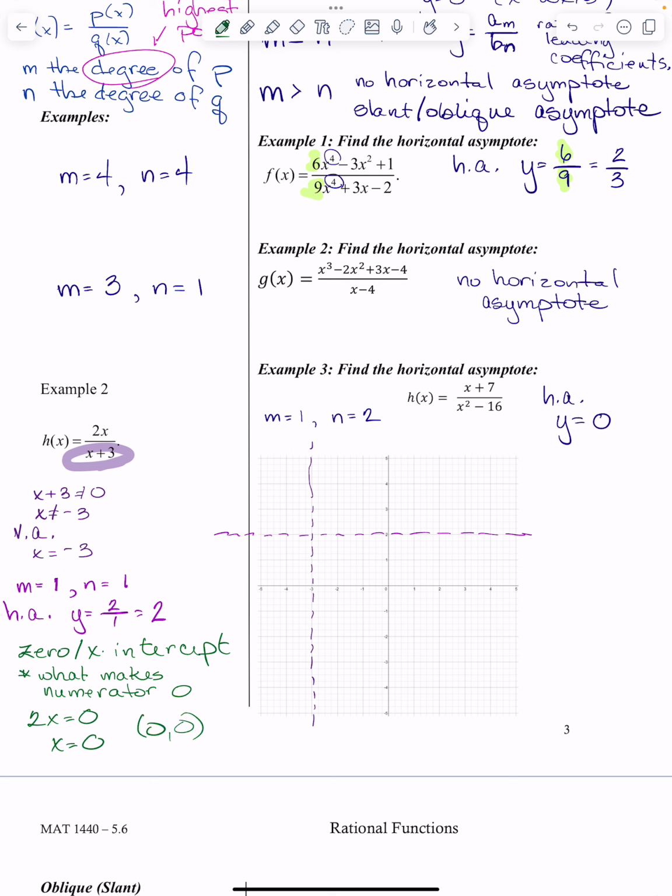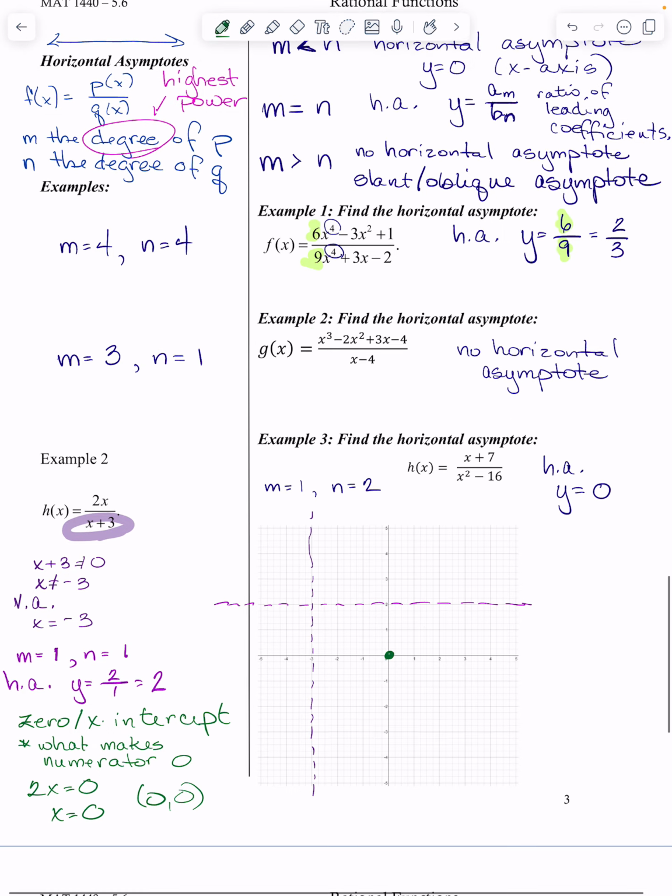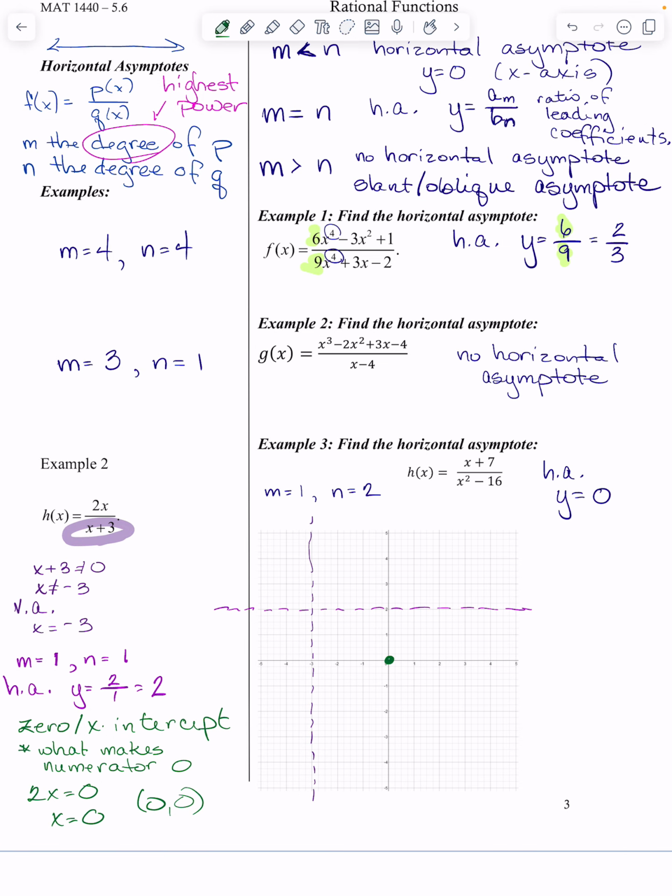So when x is 0, y is 0. Which also takes a little bit of the fun out. I would have found the y-intercept next by plugging in x equals 0. But I already know when I plug in x equals 0, my y is going to be 0.